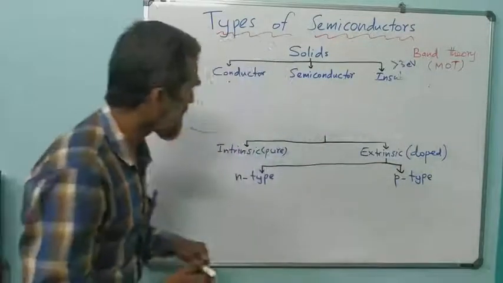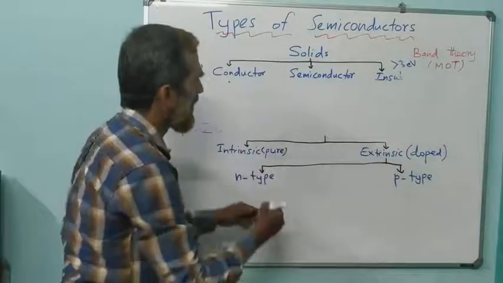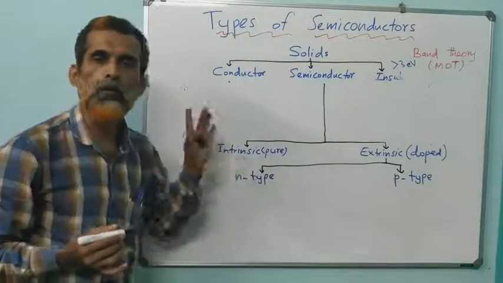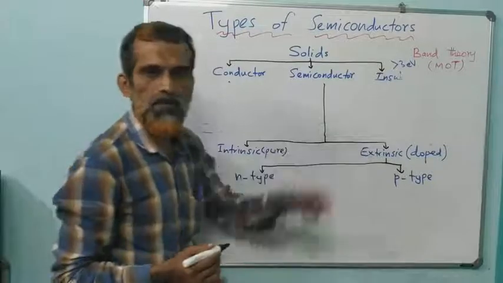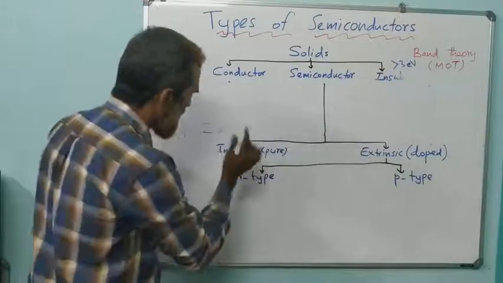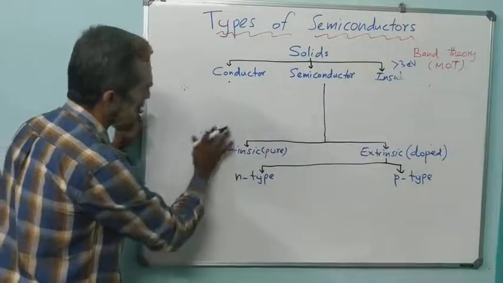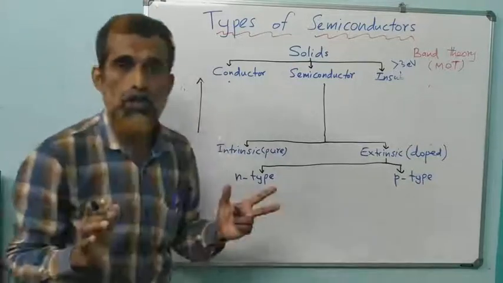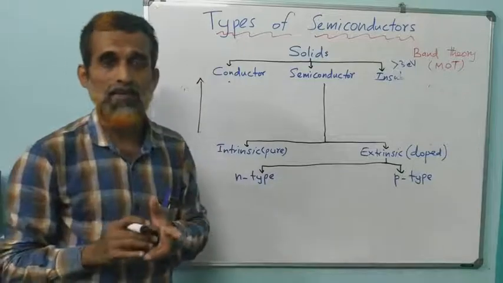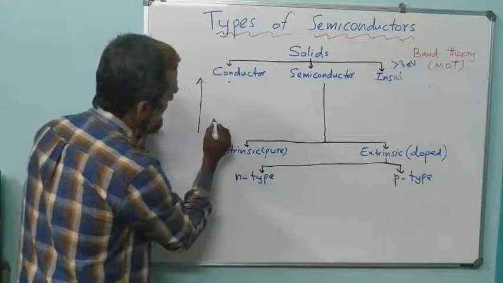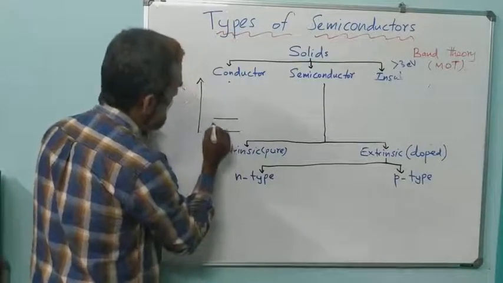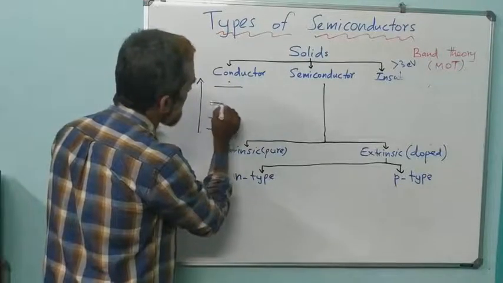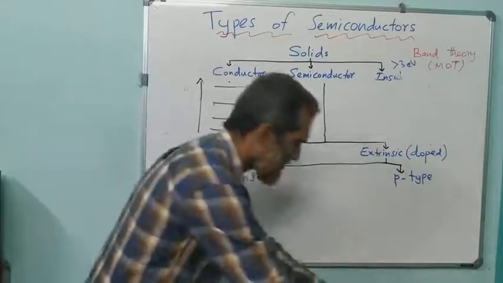Now coming to the next one, that's very important: what are the types of semiconductors? How do we classify semiconductors? Semiconductors are of two types. One is intrinsic or pure semiconductor, that is what we discussed here. In a pure semiconductor, it is undoped, meaning no impurities are added. We have just seen that in a semiconductor there is a small energy gap between the valence band and conduction band.